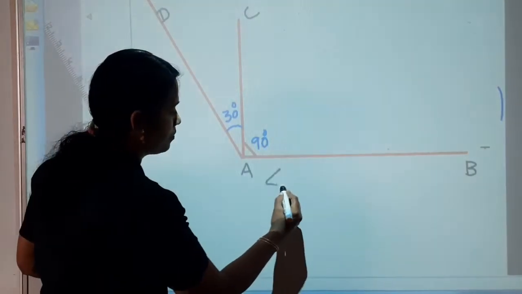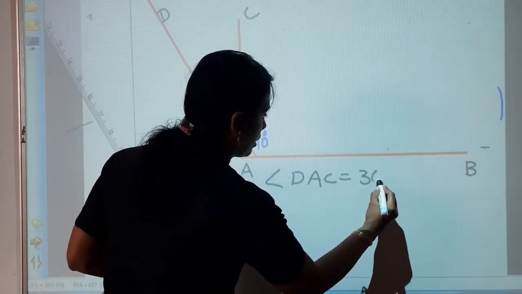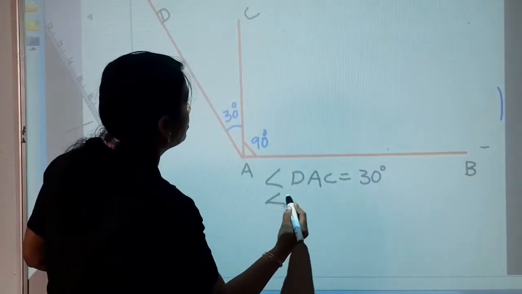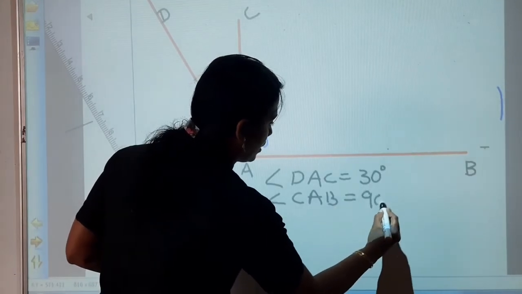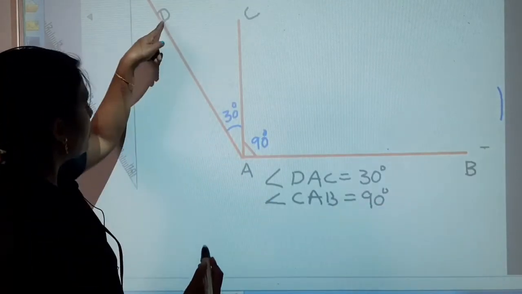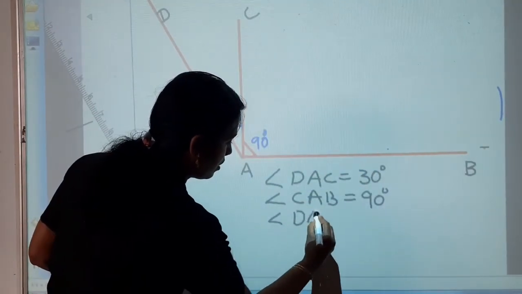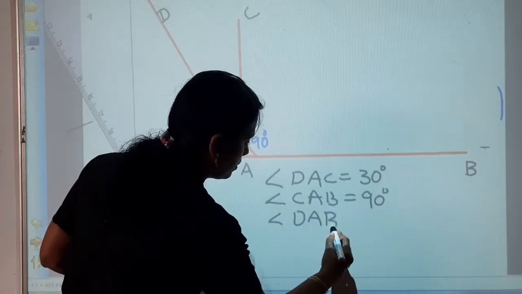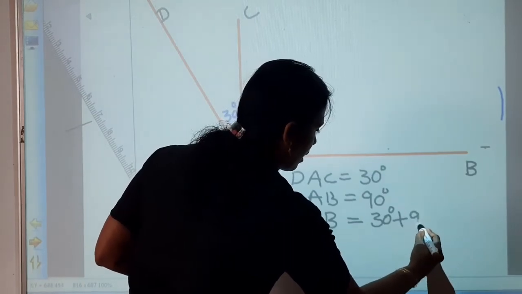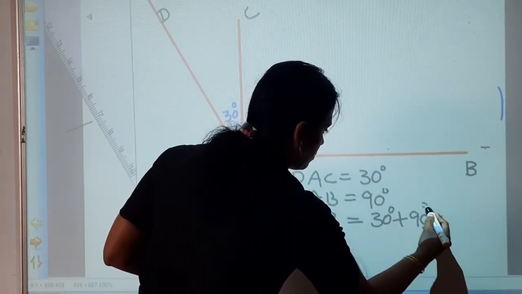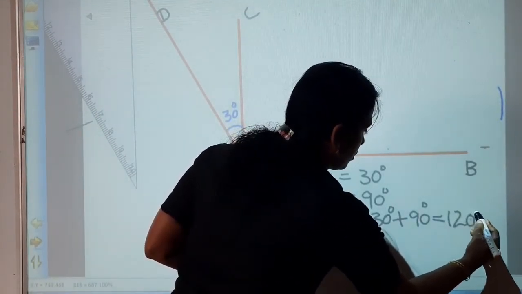So angle DAC is equal to 30 degree, angle CAB is equal to 90 degree, angle DAB is equal to 30 degree plus 90 degree is equal to 120 degree.